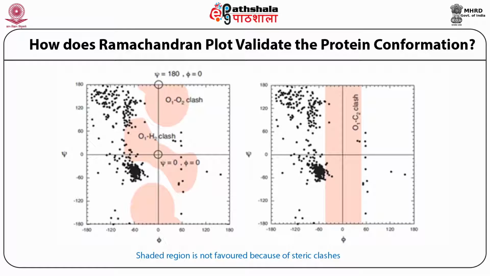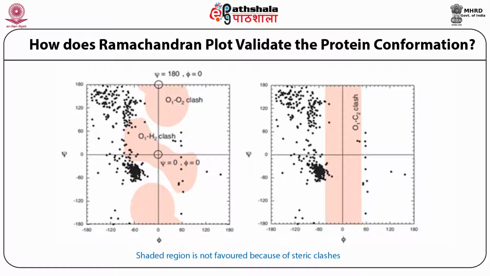In the picture you can see some areas are shaded, meaning some phi-psi combinations are disallowed, or at least we can explain these are the areas where steric clashes are more, meaning atoms will collide with each other. So this type of phi-psi combination is energetically unfavorable.